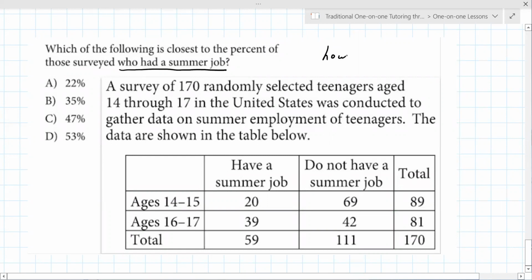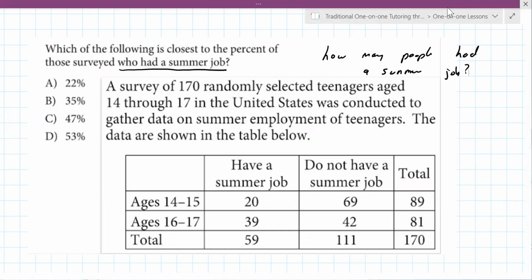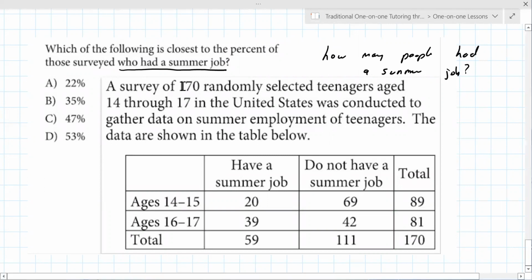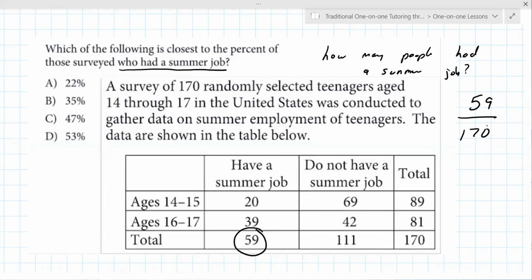It says, which of the following is closest to the percent of those surveyed who had a summer job? So how many people had a summer job? How many people have a summer job? Yes. How many people had a summer job? The total is 170. Yes, that's all the teenagers, but not all of them had a summer job. It's 59. That's right. 59 had a summer job. And now you need the total, which you just told me. Yep, 170. And you subtract and you divide. Yes. Now you would have a calculator for this. Do you have one, or can you use one on your computer?